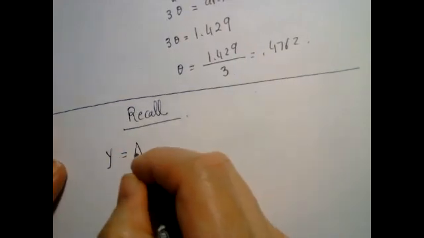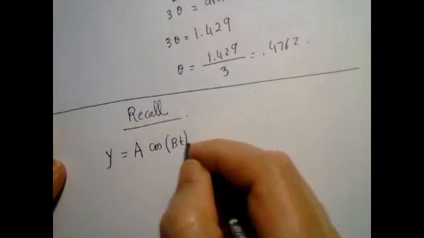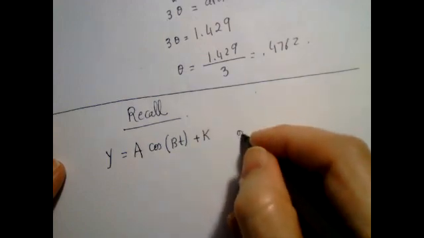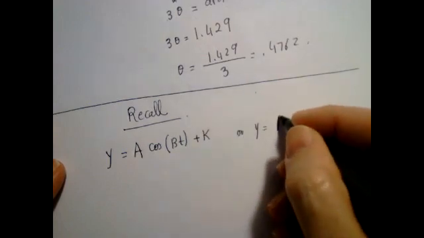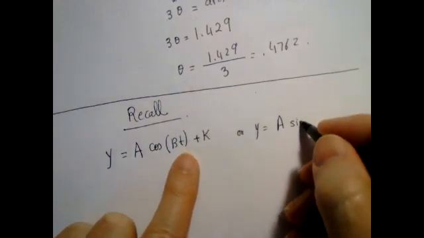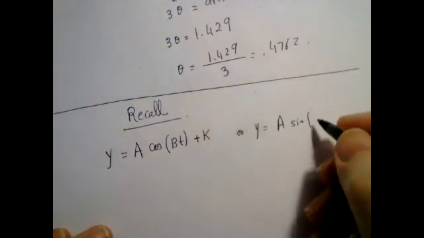It's A cosine bt plus k, or y equals, so those are functions that look like cosine or like the sine, but the period changes and the midline changes.